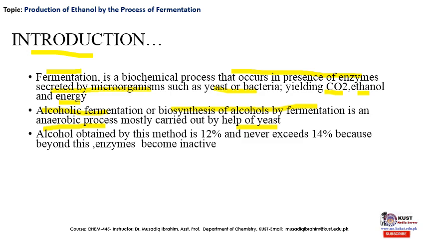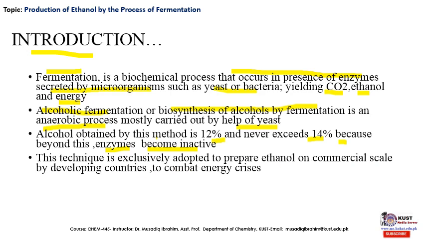Now the alcohol which is obtained by the process of fermentation is 12% and not more than 15%, because beyond this the enzymes become inactive. When the enzymes are inactive, the conversion of ethanol cannot take place, and as a result no more ethanol can be produced.